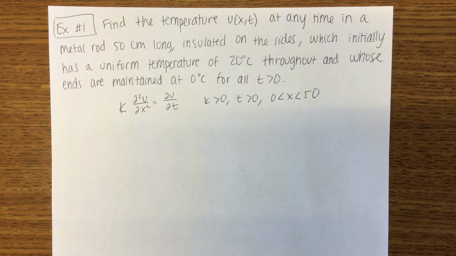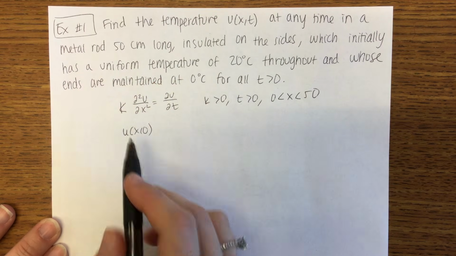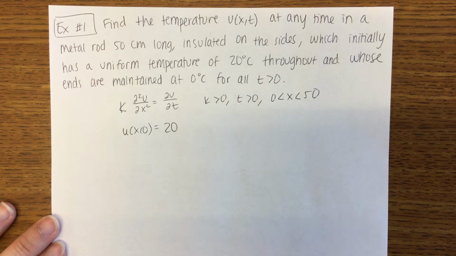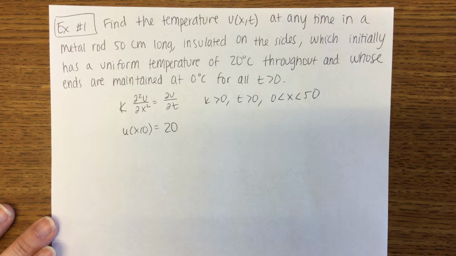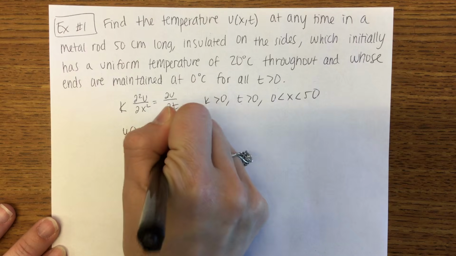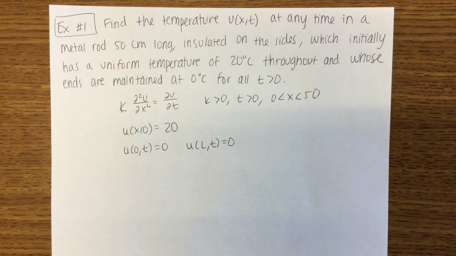We know there's a uniform temperature of 20 degrees throughout at the beginning, so u of x,0, when time is 0, at every spot the temperature is 20. And we also know that the ends are maintained at 0 degrees, so u of 0,t equals 0 and u of L,t equals 0. Again, this is the part that makes the equation homogeneous.